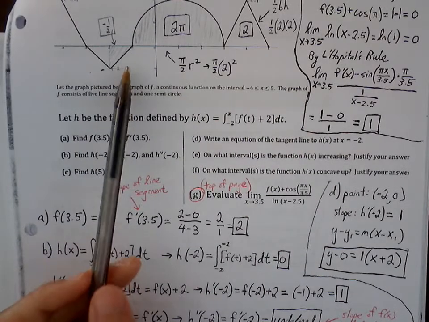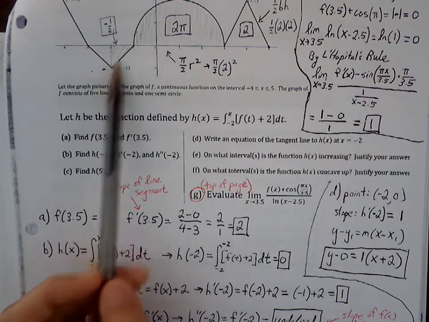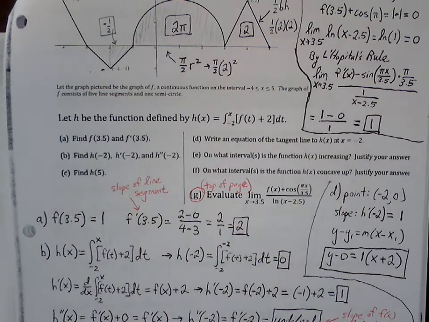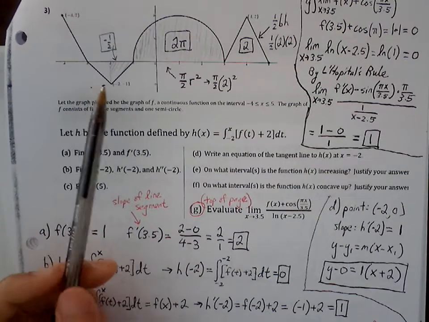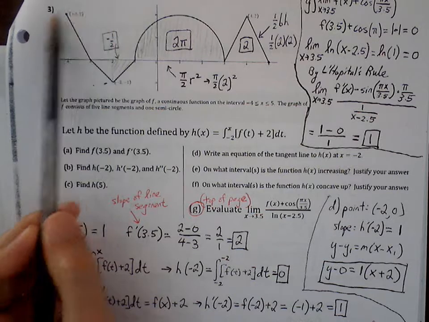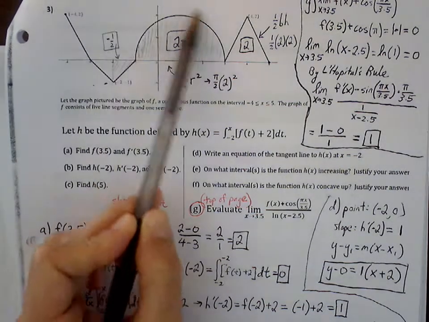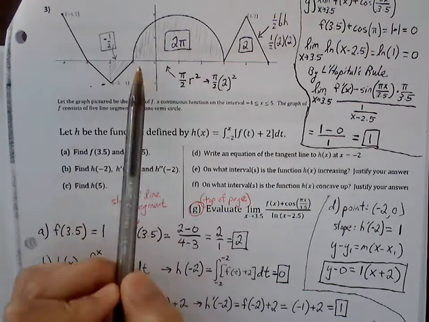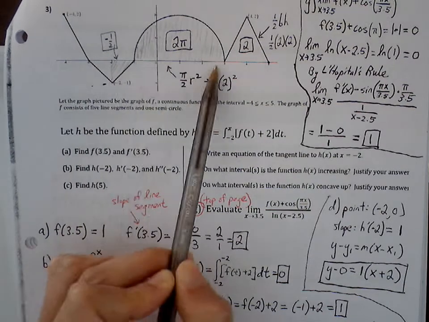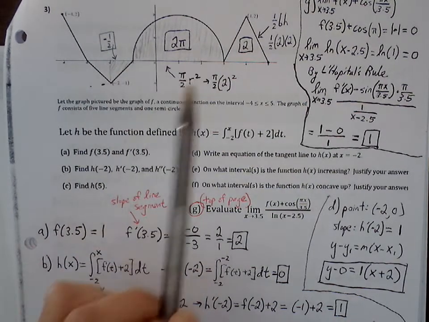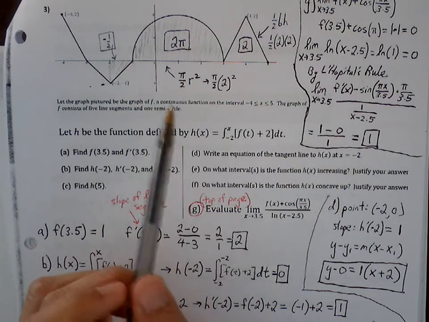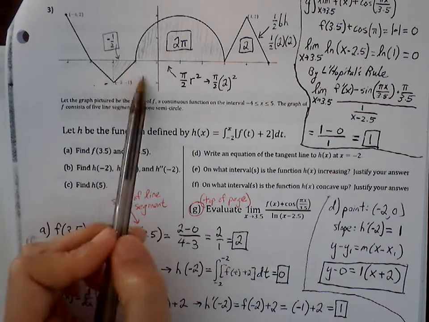Part E: on what interval is our function h increasing? We're going to keep in mind that really we're looking at the derivative graph for h with this f function. So our function is increasing wherever it's above the x-axis, so all these are positive slopes, and anything that lands on the x-axis is where the original slope is 0, and anything below is going to be negative slope.